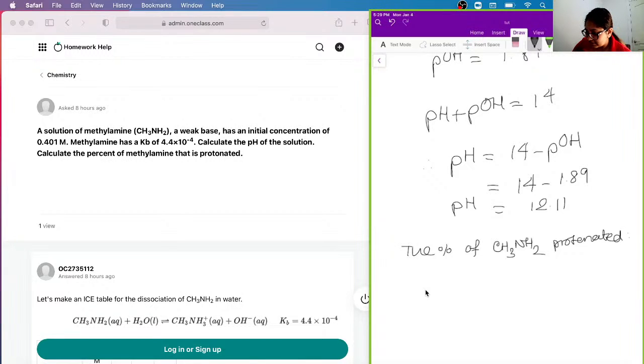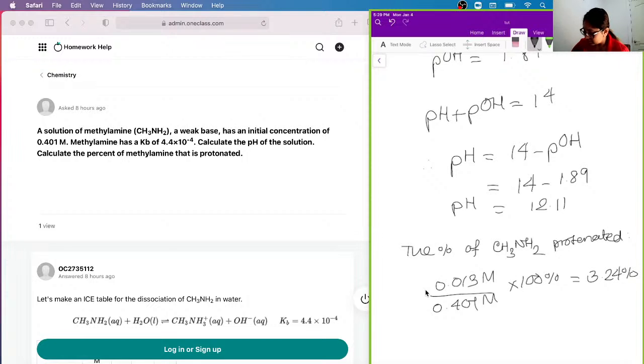We can basically do this by having a ratio of our final and our initial concentration, which is 0.013 molar over our initial, which was 0.401. And you just times this by 100 percent, and what you get here is 3.24%.